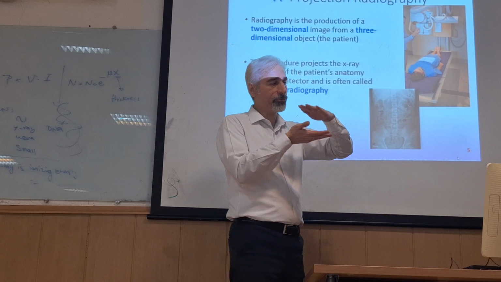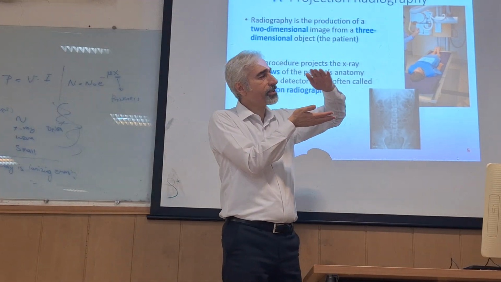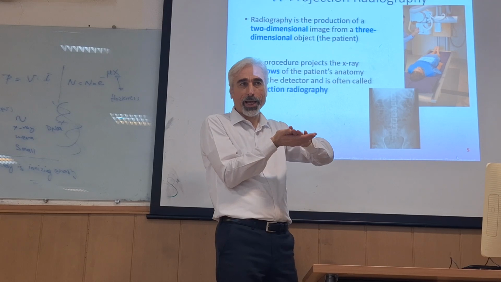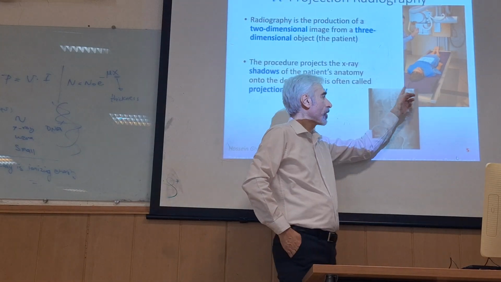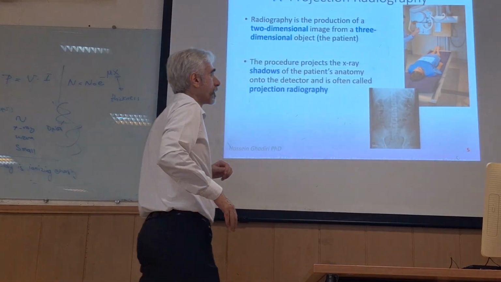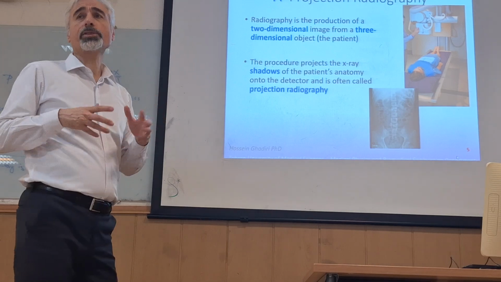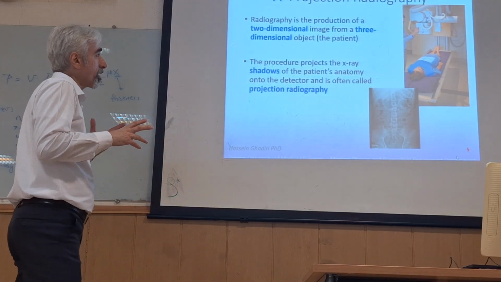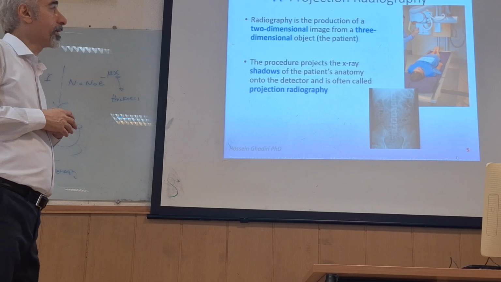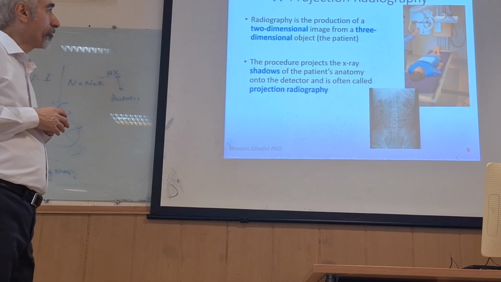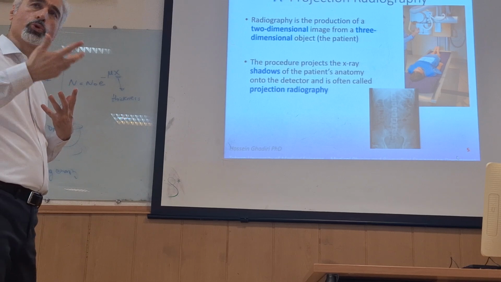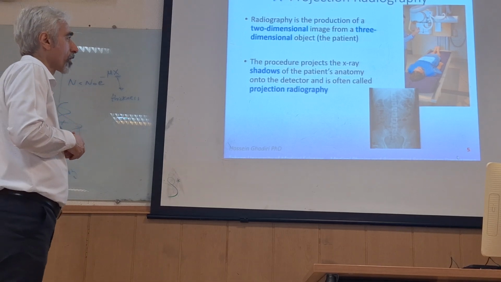It means that the information from different layers of the patient's body is superimposed together and makes a two-dimensional image. Because of that, we call it projection radiography. Projection radiography is some kind of imaging of a three-dimensional object to a two-dimensional image.